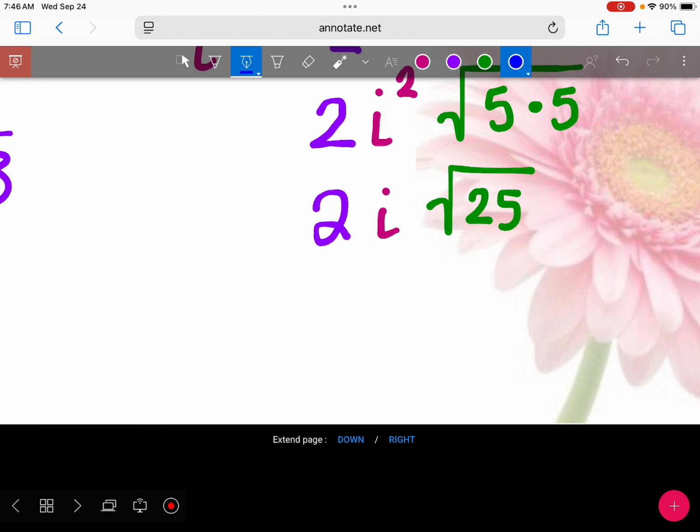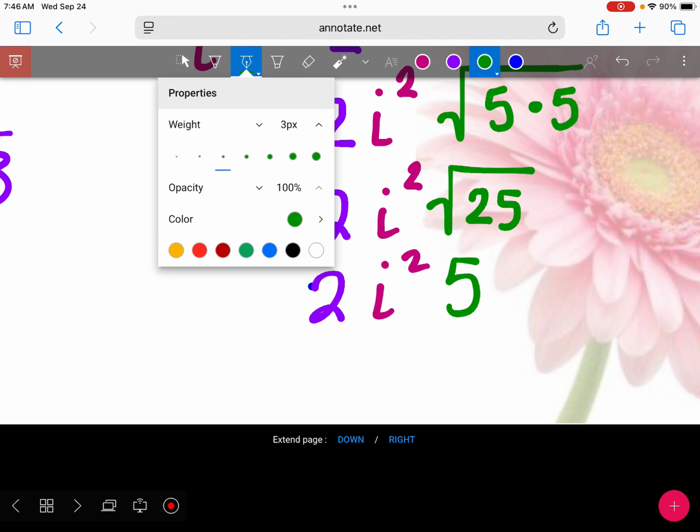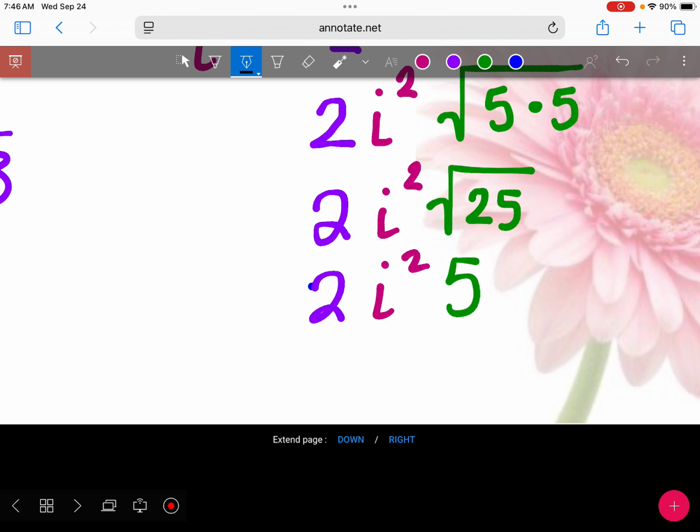What is square root of 25? 5. Oh, so now we have 2 times i squared times 5. So what's our final answer on this one going to be? Negative 10, because i squared is the same thing as negative 1. Negative 1 times 2 times 5 gives me negative 10.